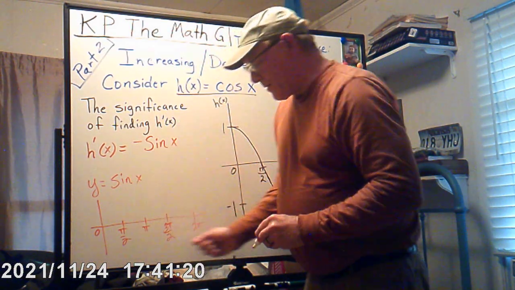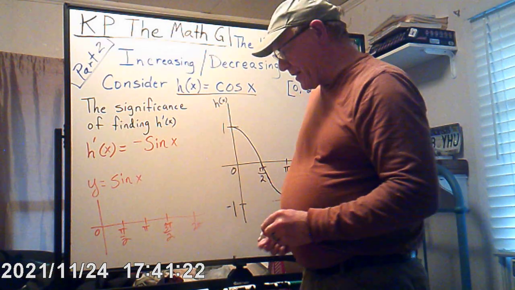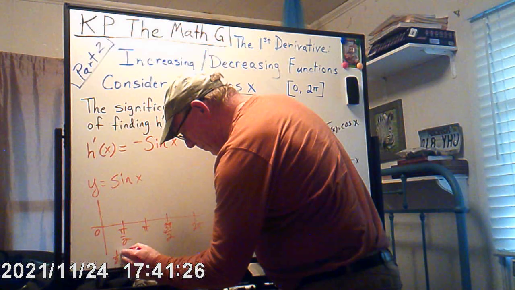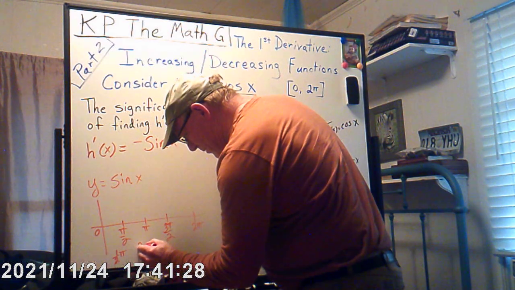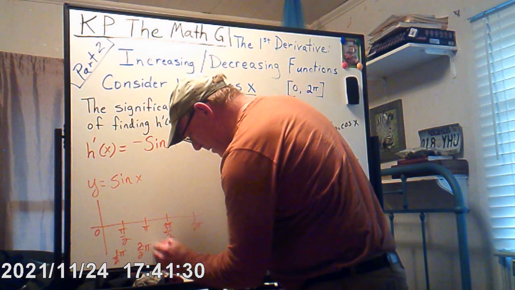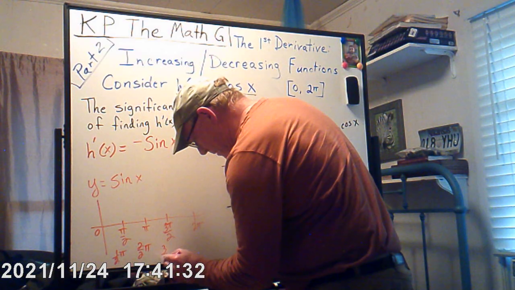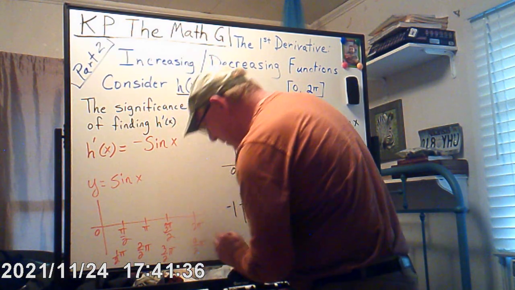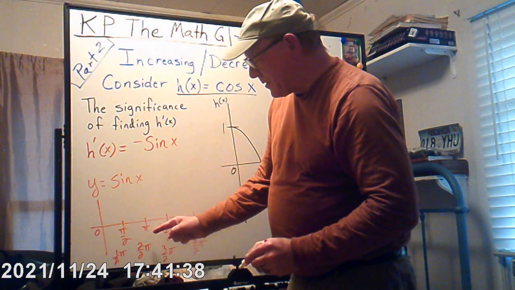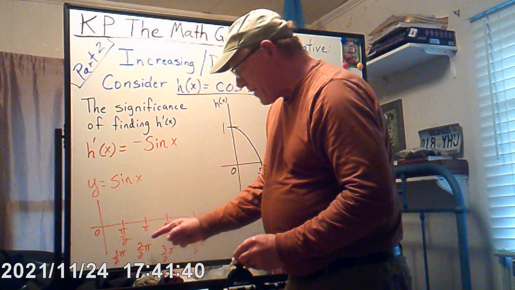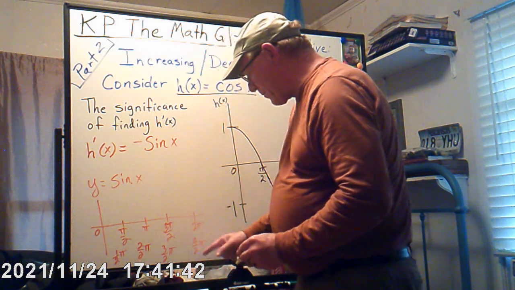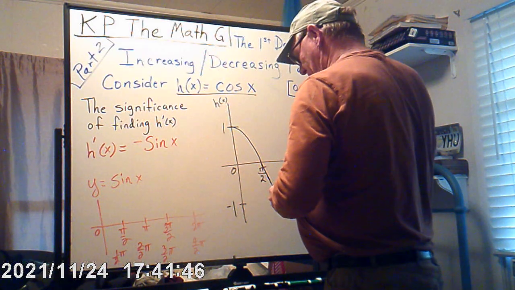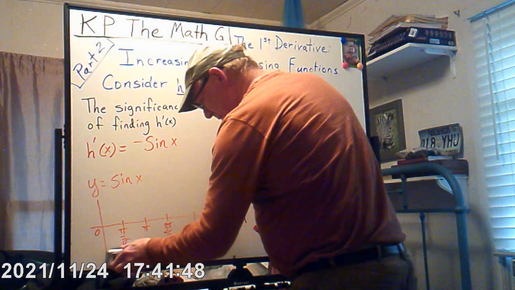One thing you can do to memorize this: this is 1/2 pi, this is 2/2 pi, this is 3/2 pi, and this is 4/2 pi. Of course, we know that 2 over 2 is 1, so just 1 pi, and then 4 over 2 is 2, and that's one way to memorize it if you want to do it that way.